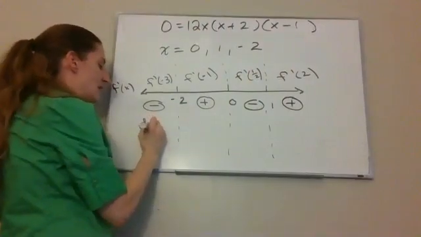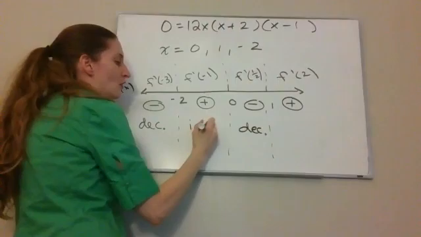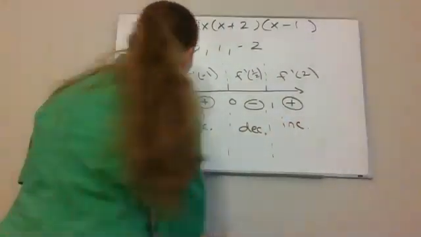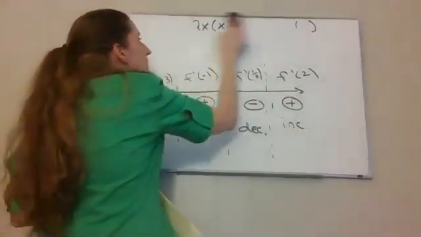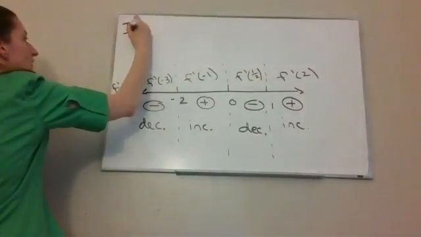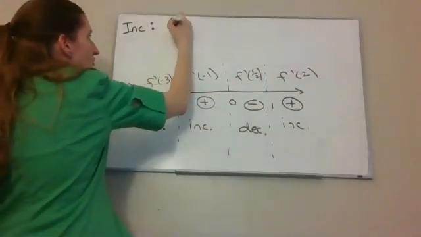So this means I'm decreasing everywhere I had a negative, and I'm increasing everywhere I have a positive. So now it's just a matter of writing these as intervals. So let's do increasing first. I'm increasing between -2 and 0.